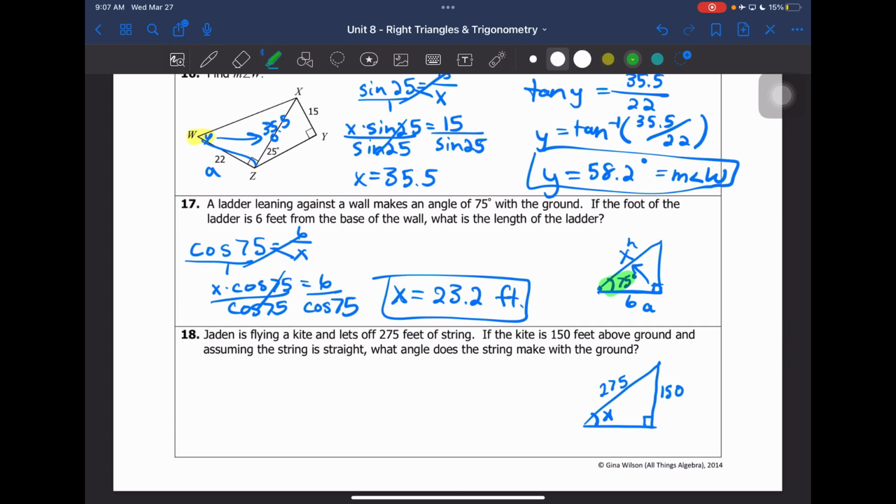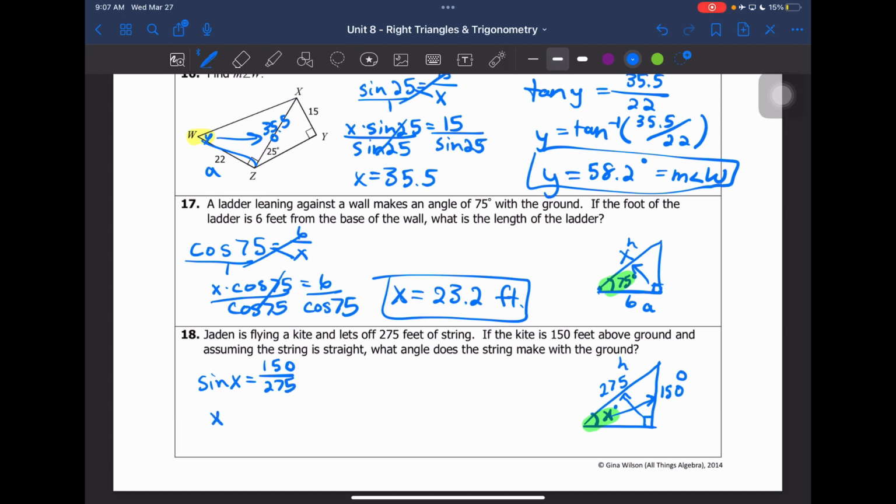So let's go ahead and use one of the inverse trig functions here. This is an opposite leg, and this 275 is our hypotenuse. So because we have opposite and hypotenuse, we are going to use sine. So let's do sine of x is equal to 150 over 275.